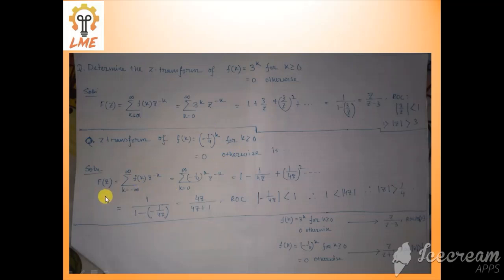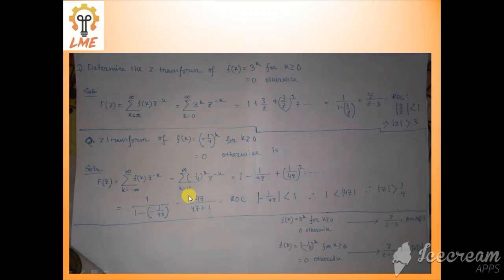F(z) is equal to the sum from k equal to minus infinity to infinity of f(k) z to the power minus k. Now put the value of f(k). As this f(k) only exists for k greater than or equal to 0, the limit will be 0 to infinity, and if you expand this you will get 1 minus 1 by 4z plus 1 by 4z square, in this way up to infinity.